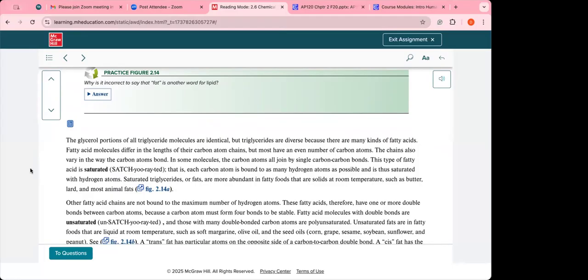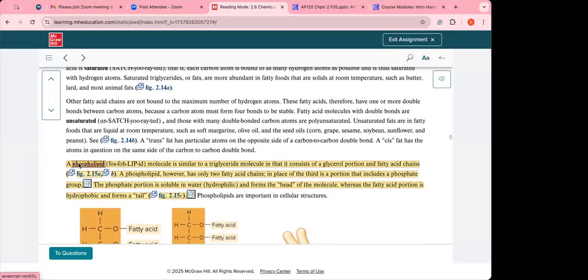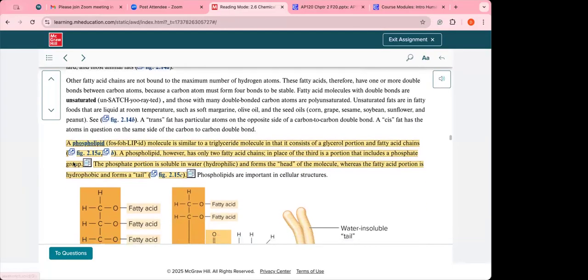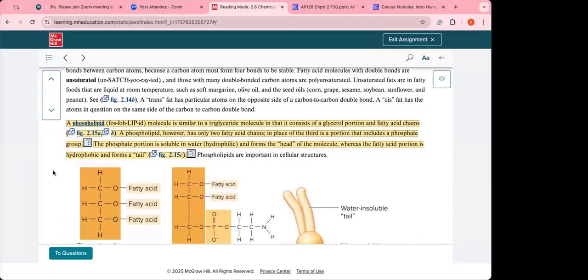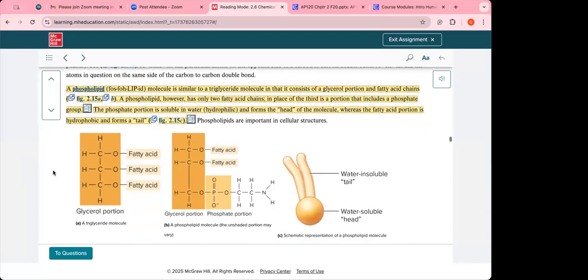Fatty acids with double bonds are unsaturated. Okay. Keep going. A phospholipid has, okay. Keep going.